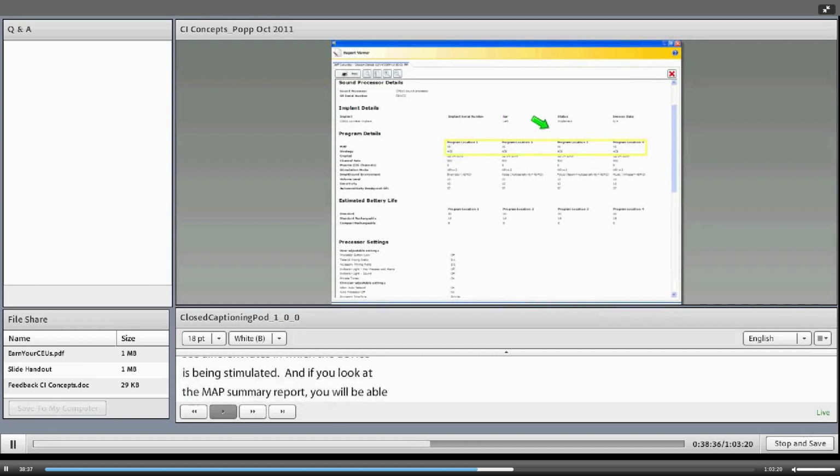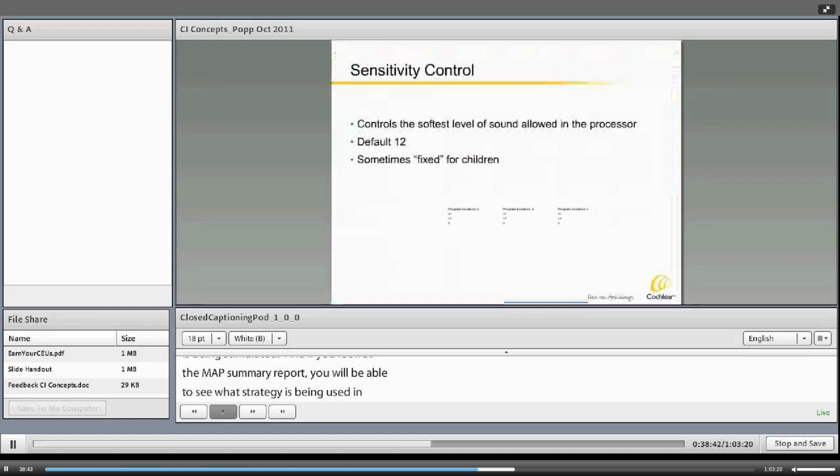Within the ACE strategy, you may see different rates at which the device is being stimulated. And if you look at the MAP summary report, you will be able to see what strategy is being used in each of the different program locations.